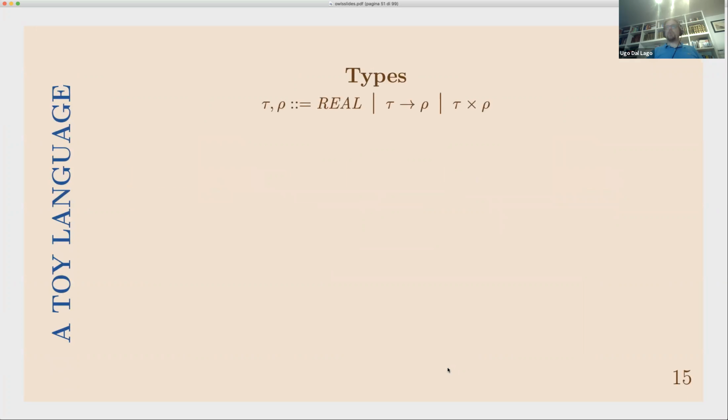So the toy language we work with is one with arrow types, product types, and the type of real numbers, because we would like to at least be able to account for the simple example I told you about, the one about inverse root, the one about the sine trigonometric function. So let's have real numbers.